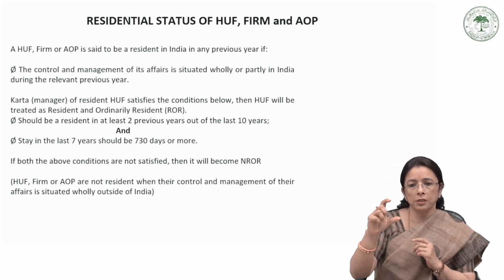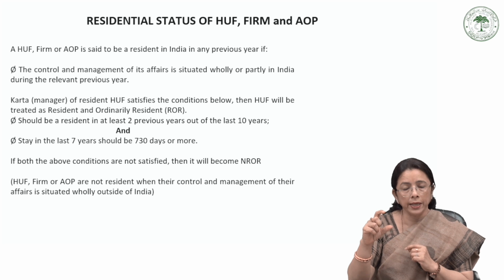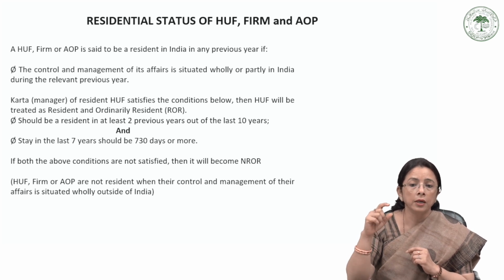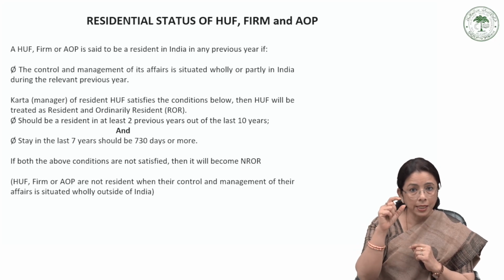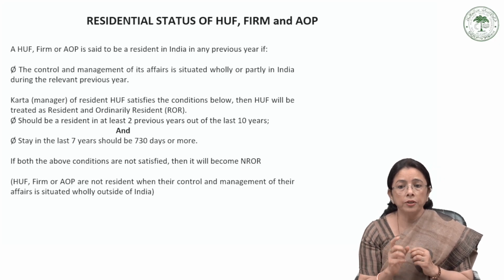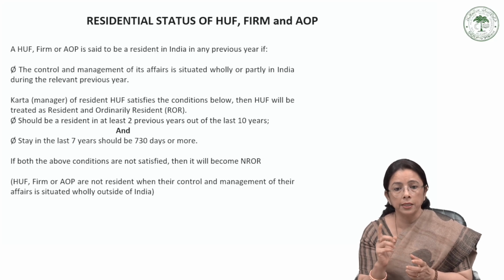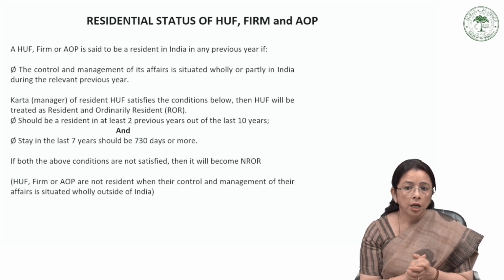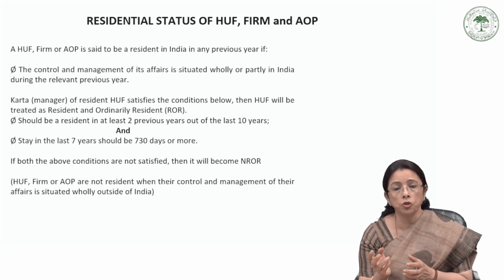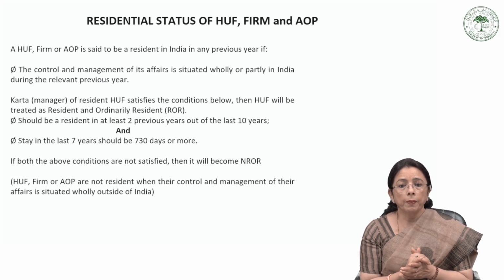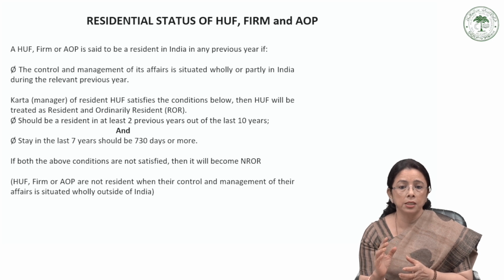So the first thing we have to check while checking the residential status is where the control and management of its affairs is situated. This is an important phrase, and it refers to the central control and decision making authority of the entity, not merely the day-to-day or routine operations of the business. It means the head and brain of the business, where the key policies, strategic decisions, and directions are formulated.